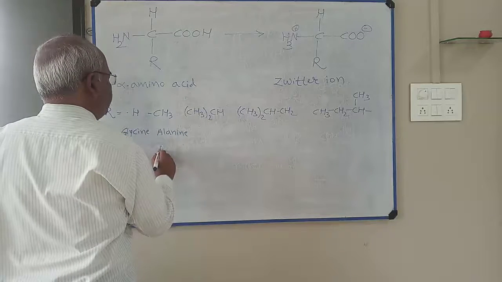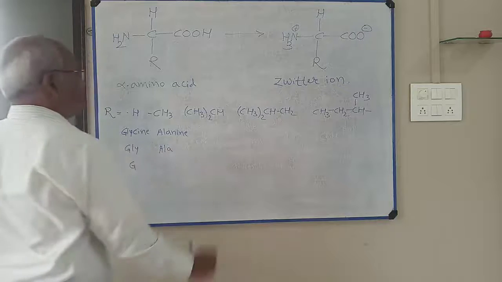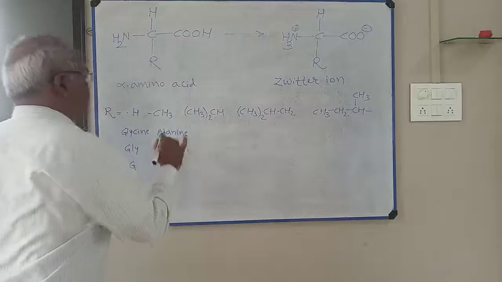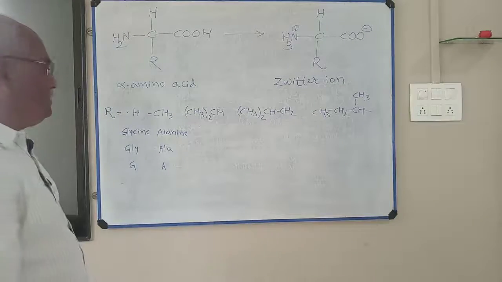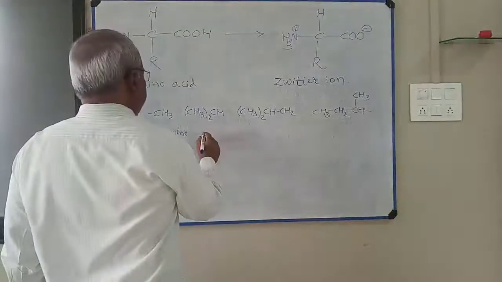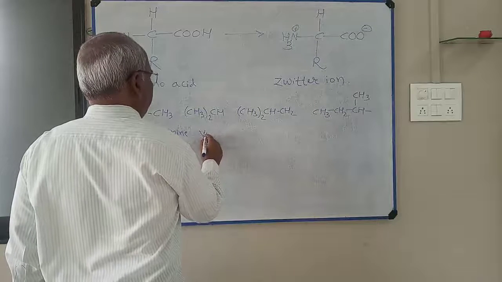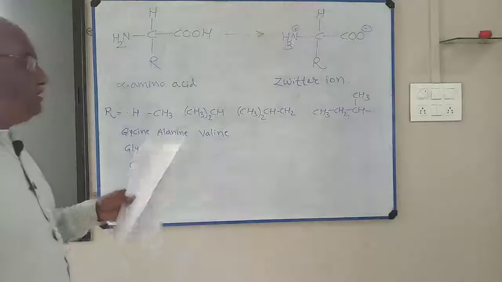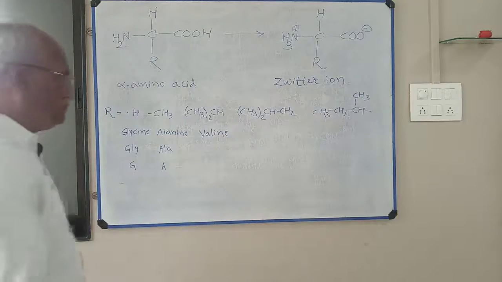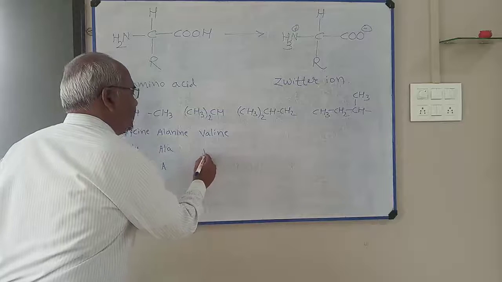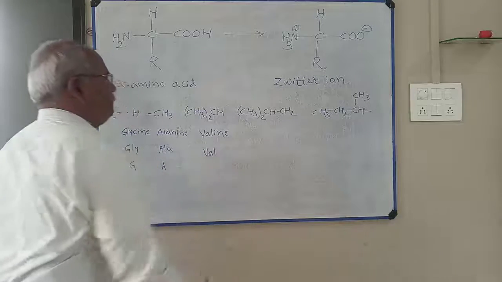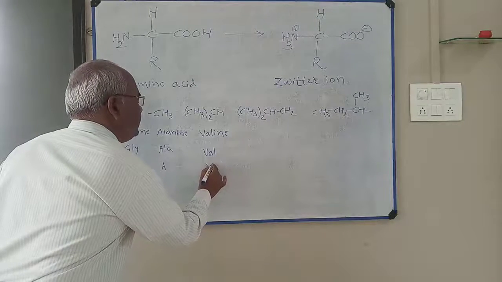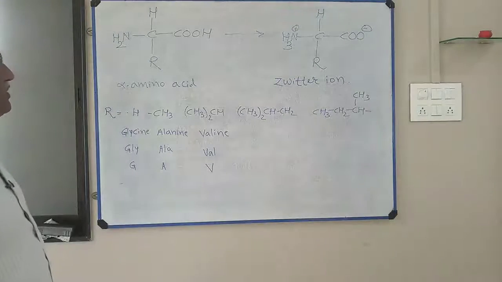It is represented by first 3 letters ALA and the symbol A is used to represent alanine. When isopropyl group is present, it is known as valine. It is denoted by 3 letter symbol VAL.